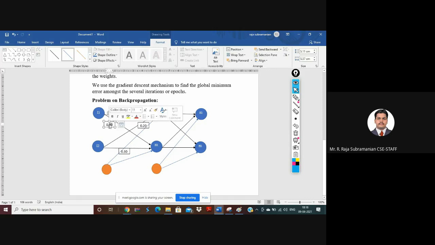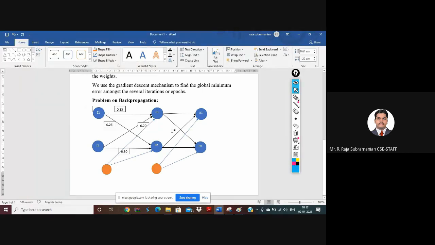We have 0.20, so I'll change it to 0.25. So 0.15, 0.20, 0.25, 0.30.